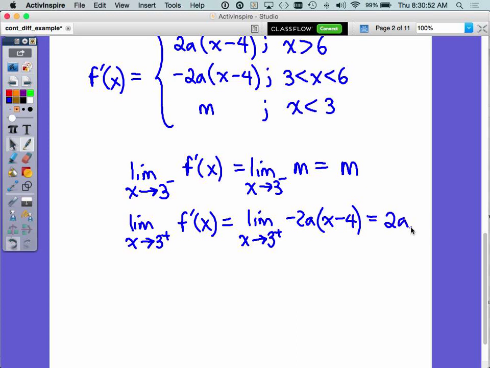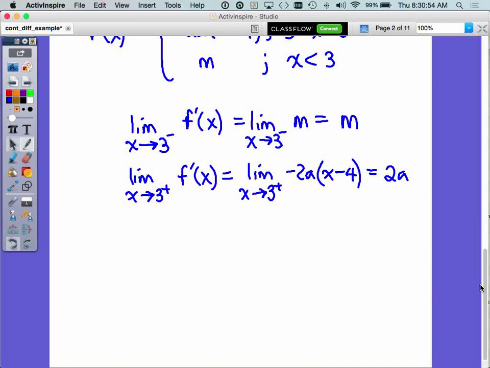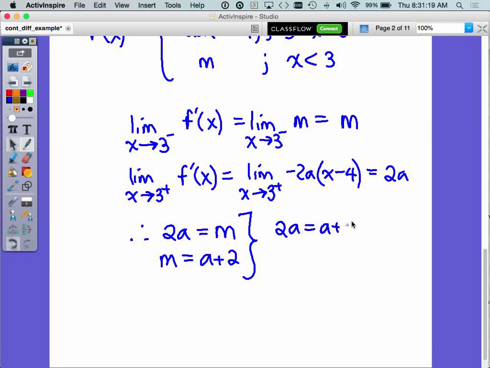And so now I have that for differentiability, I need 2a to equal m. But previously, for continuity, I said that m had to equal a plus 2. If I solve those two equations simultaneously, I can substitute a plus 2 in for m, and I get 2a equals a plus 2.